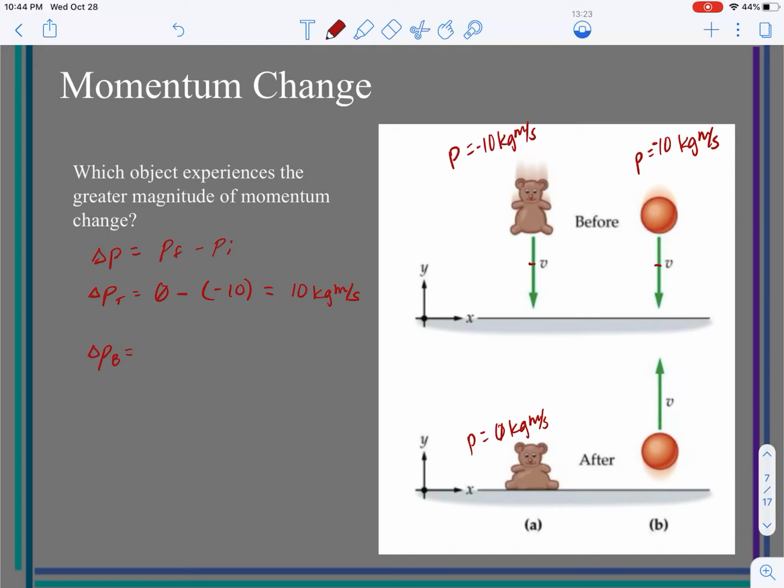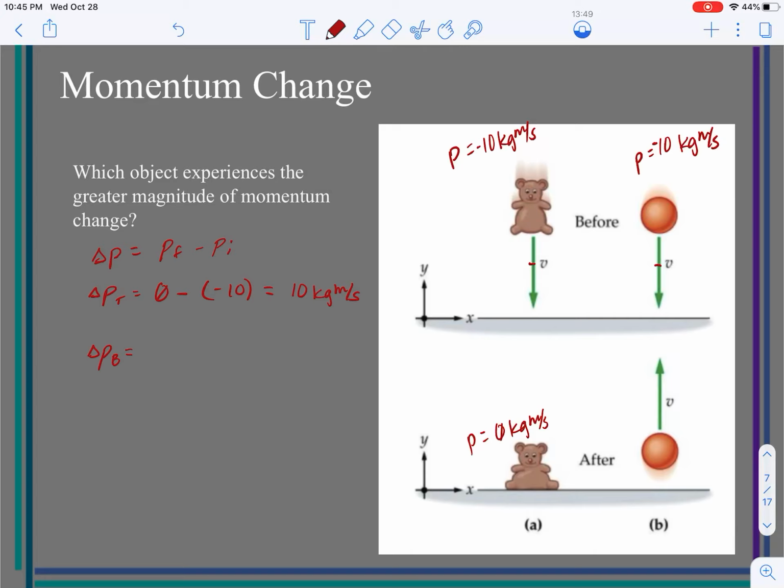This ball does not come to rest on the ground. Instead, it bounces with a velocity. And if we're interpreting these velocities as being the same magnitude, because they're all expressed with just a v, then that means that this ball has the same momentum that it had before, but it's now in the opposite direction.